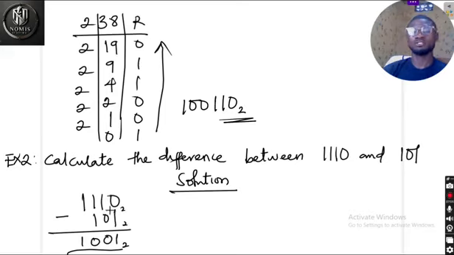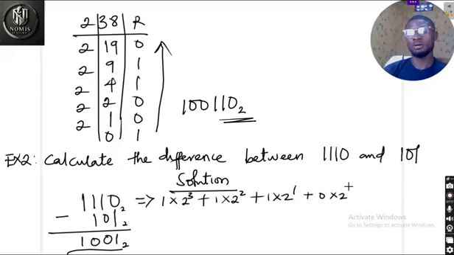Let me convert each of these to a number in base 10, and then subtract them from each other, and then convert my final answer to a number in base 2 to see if I'm going to have this. So this is 1 times 2 raised to the power of 3 plus 1 times 2 raised to the power of 2 plus 1 times 2 raised to the power of 1 plus 0 times 2 raised to the power of 0.